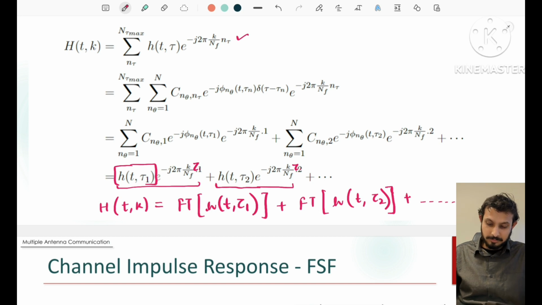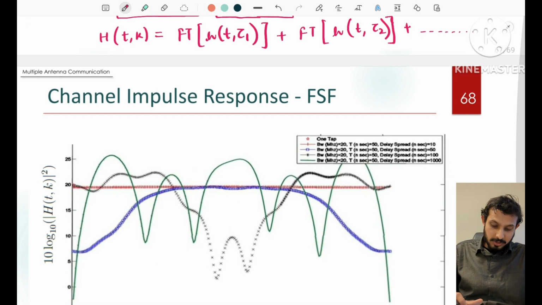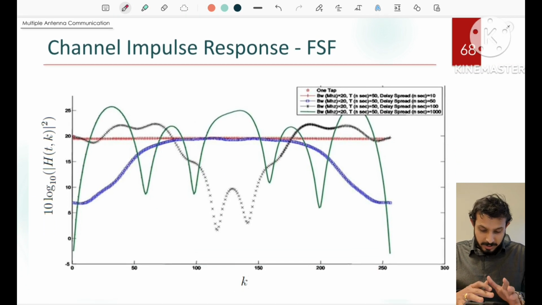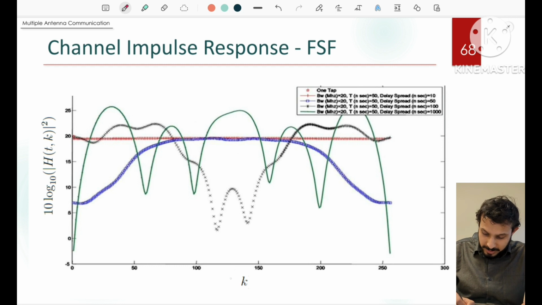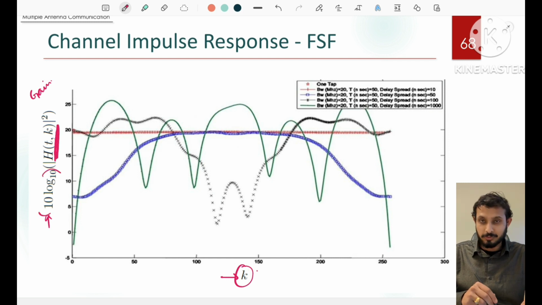Now if we try to understand how this response looks, we will see this figure. In this figure, on the x-axis we have frequency, and on the y-axis we have gain, that is the mod square of the frequency response, in dB, so we are taking 10 log 10.